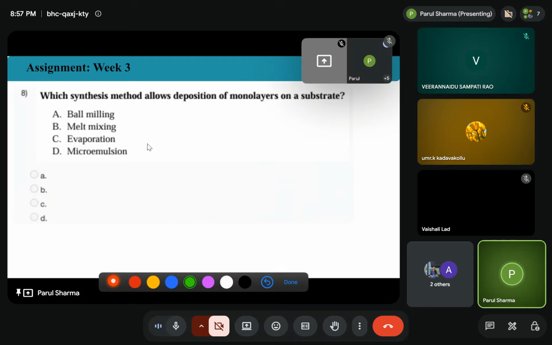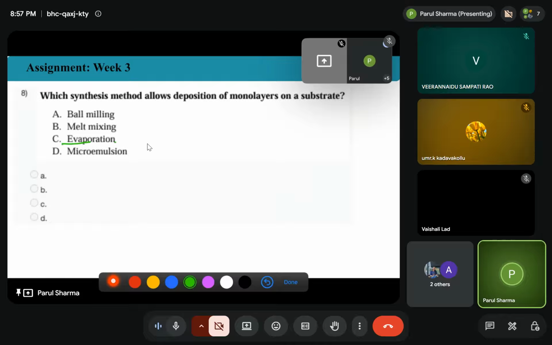Which synthesis methods allow deposition of monolayers on a substrate? You can see that ball milling, melt mixing, and microemulsion are not allowing the deposition of monolayers.